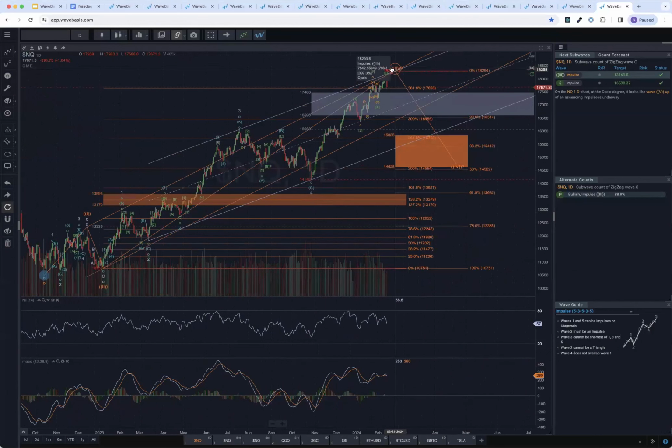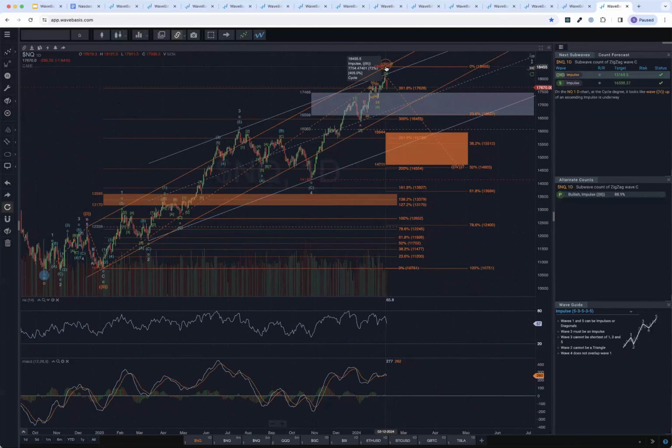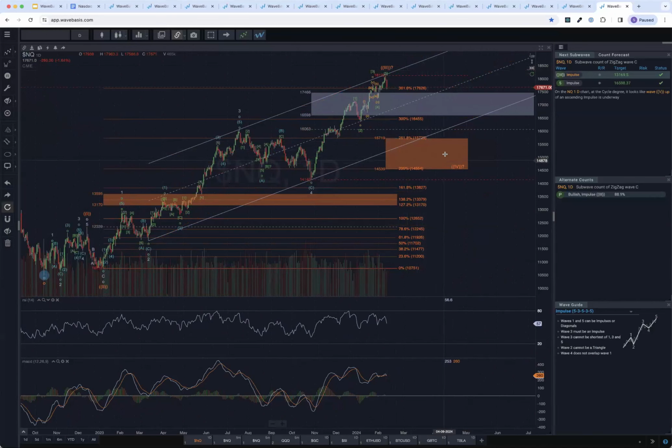So let's say this is the top of this wave 3. What we'd expect is a drop down to the 15,000 area. That might even be a little conservative, given that we are in the territory of the prior wave 3 and 4. But more typically, wave 4s tend to get down closer to the prior wave 4. So we might be looking at a deeper correction here once we can confirm it's happening.